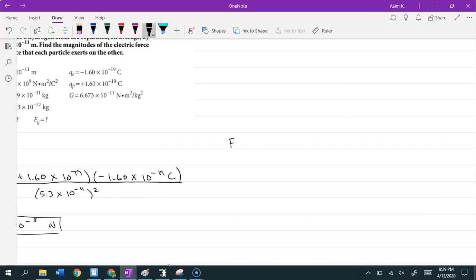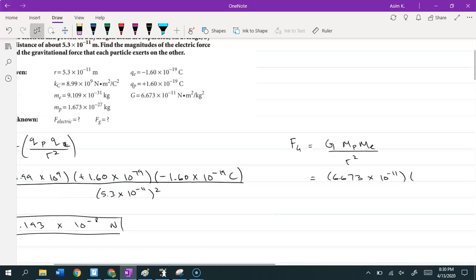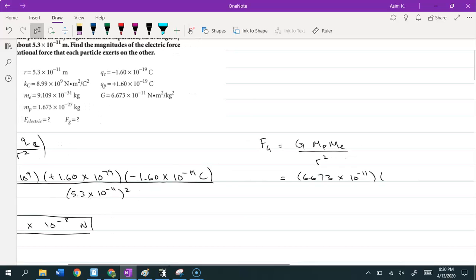The gravitational force is more of a review for you. The gravitational force takes the mass of the proton and the mass of the electron, and it again uses the distance between them, and it squares it. So that is going to be 6.673 times 10 to the power of negative 11 multiplied by the mass of the proton, which is 1.673 times 10 to the power negative 27.